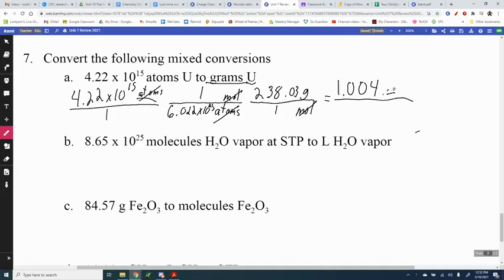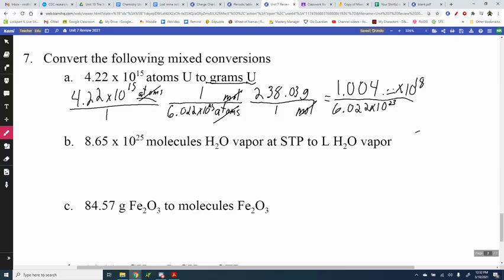That's supposed to be a dot, dot, dot, times 10 to the 18th. And then on the bottom, we have 6.022 times 10 to the 23rd.